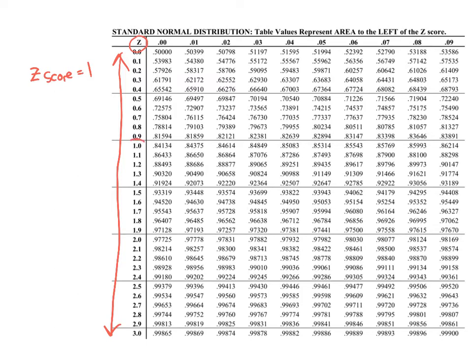So the z-score of 1 is this number here, and that is 0.84134. It's a decimal, 5 decimal places. If we convert that to a percentage, we get 84.134%.